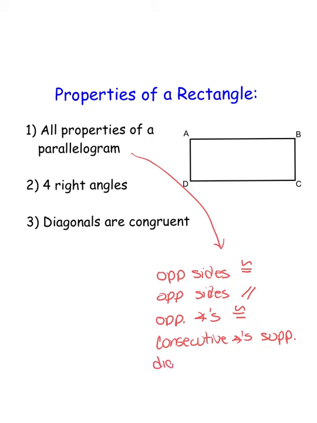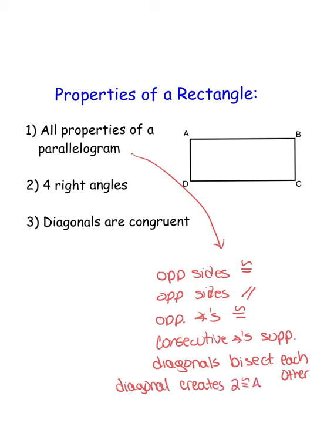The diagonals bisect each other. And the diagonal creates two congruent triangles.